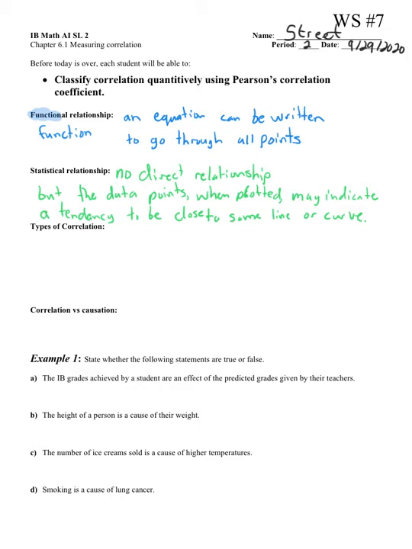Now, types of correlation, I mentioned this briefly. There's qualitative and quantitative.